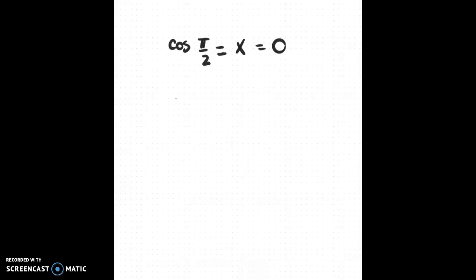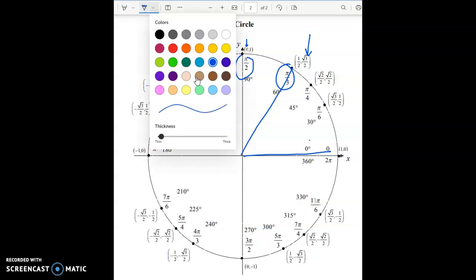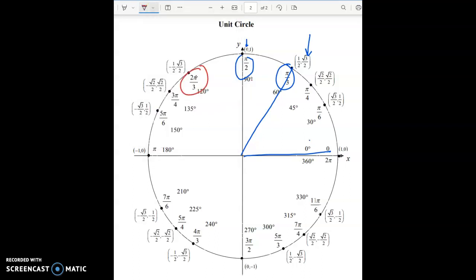What if it said the tangent of 2 pi over 3? So we'll go to the unit circle, and we'll look at 2 pi over 3. 2 pi over 3 is here.